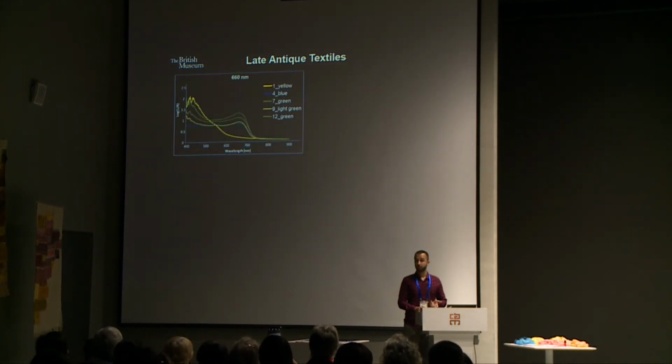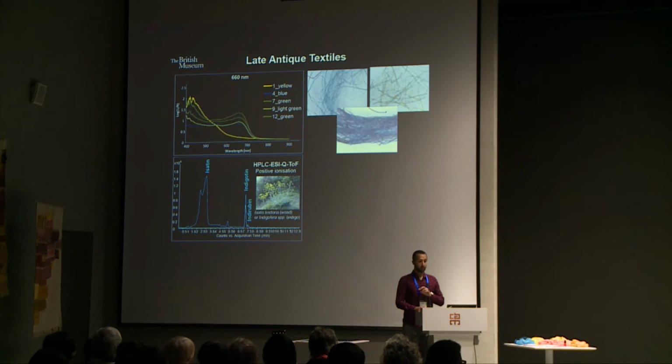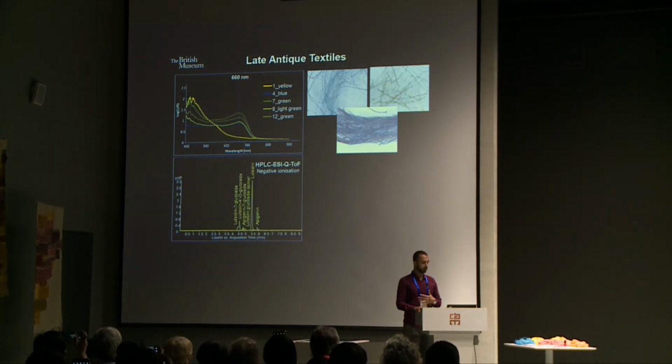It was again confirmed by FORS. So we did the reflectance spectroscopy, and these are the spectra indicating the presence of indigo. And again, we could select just a few samples, not all the areas. The presence of indigo was confirmed by LC-MS again, and we could also identify the source of yellow, which was a luteolin-based dye.